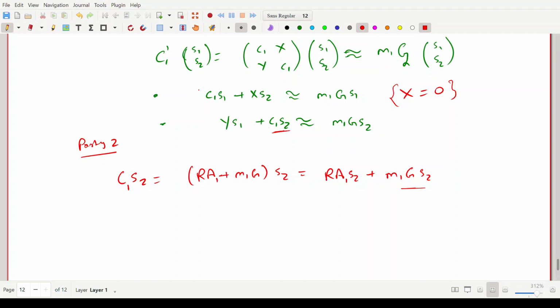So if I take this term to this side, I am having C1S2 minus RE1S2, and this is equal to M1GS2, which I am having. So in short, can I relate this term with this one, or can we find something related to that? And yes, we can do that.